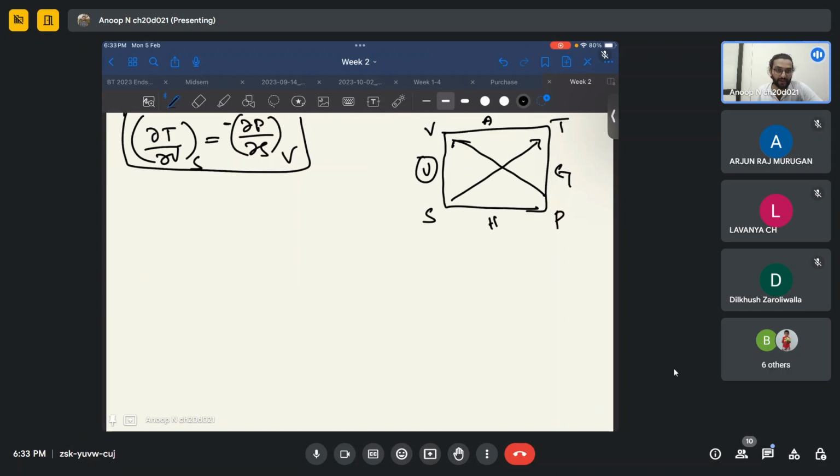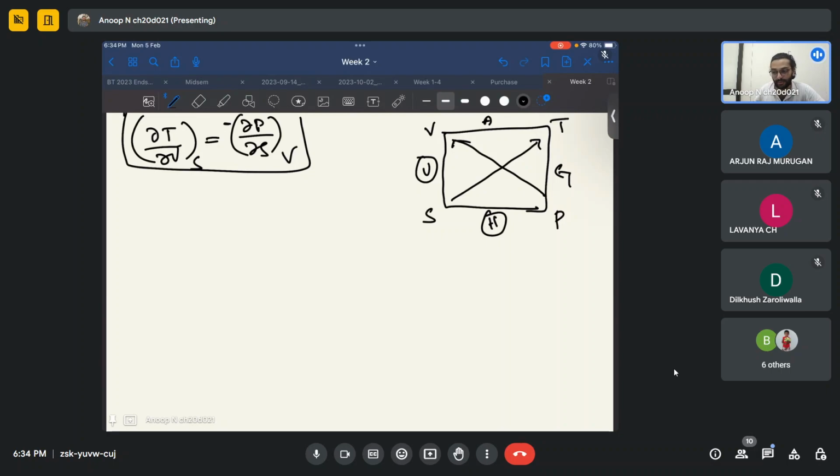Do any of you have doubts about how to write it? Can one of you try for H, how we can write the Maxwell relation? Anyone want to try? You can try and tell the answer.